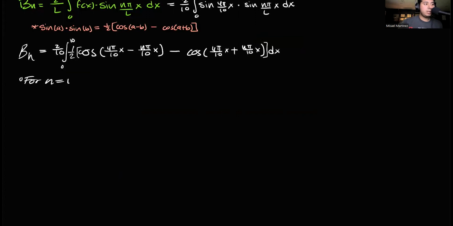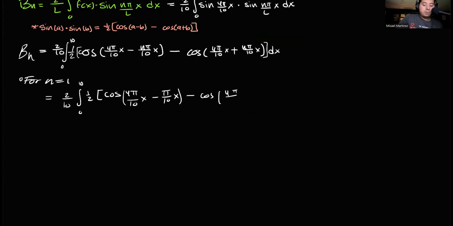So for n equals 1, we're going to have 2 over 10, the integral from 0 to 10 of 1/2 times cosine of 4 pi over 10 x minus pi over 10 x, minus cosine of 4 pi over 10 x plus pi over 10 x, dx.